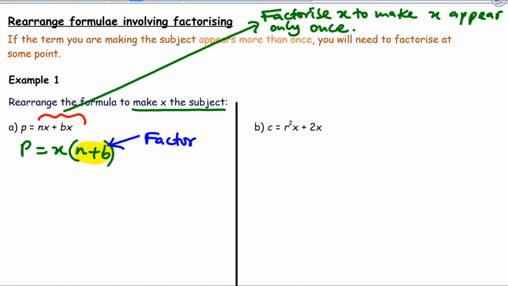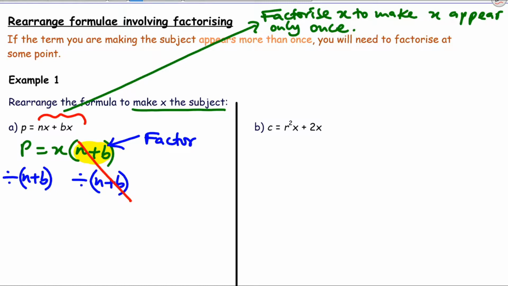We can divide each side by n plus b, because you want to separate it or remove it from that side. Now, obviously, n plus b divided by n plus b will be equal to 1.